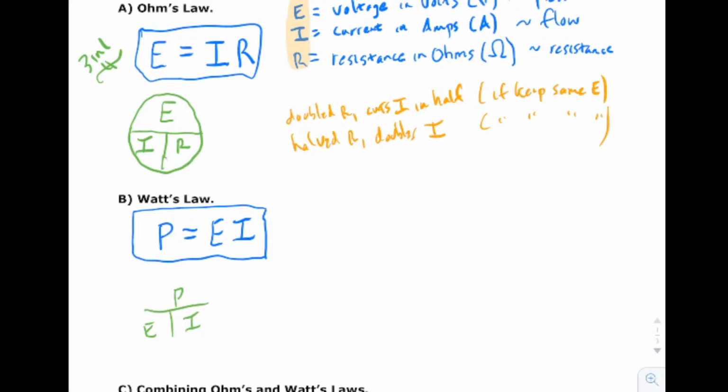This works the same. If you were to cover the E, you'd have E equals P over I, which is what you would also get if you simply divided both sides by I and canceled out the I.